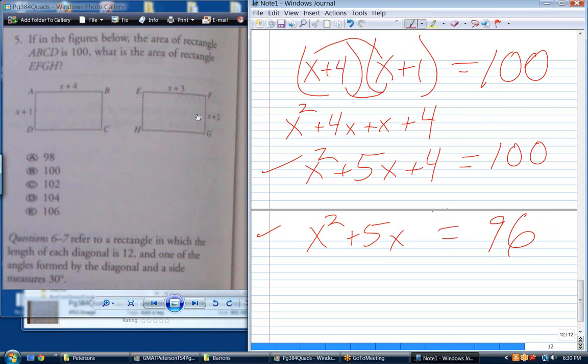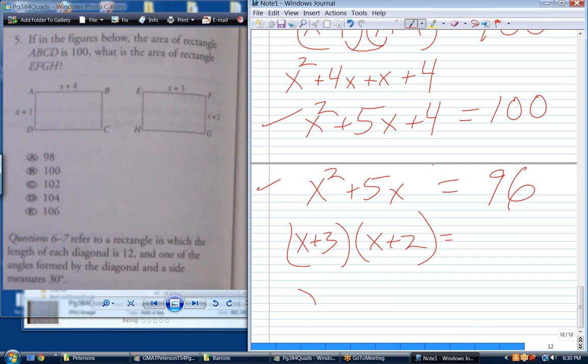Now let's look at the second rectangle. What can I say about the second rectangle? What is the area of the second rectangle equal to? What does that multiply out to?